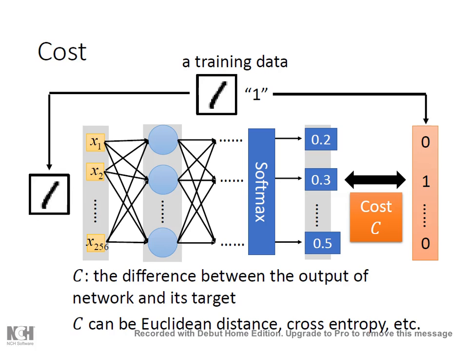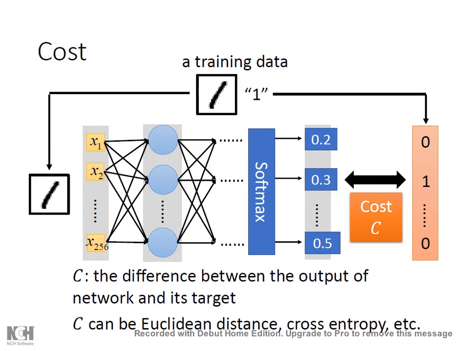Okay, so here we will define the cost. You see the ideal answer should be like this, but our system output is here. Your system output is very different from your ideal result, so there is an error.